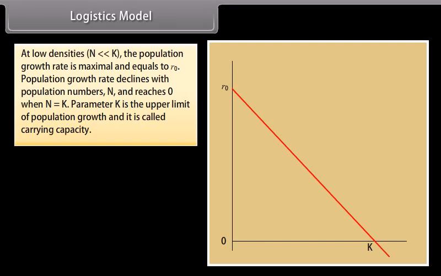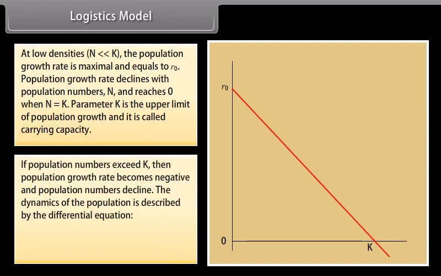Population growth rate declines with population numbers N and reaches 0 when N equals K. Parameter K is the upper limit of population growth and it is called carrying capacity. If population numbers exceed K, then population growth rate becomes negative and population numbers decline. The dynamics of the population is described by the differential equation dN by dt equals rN equals r0 N times (1 minus N by K).